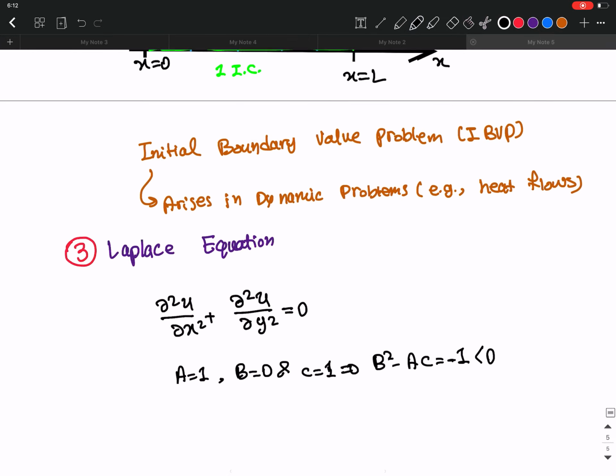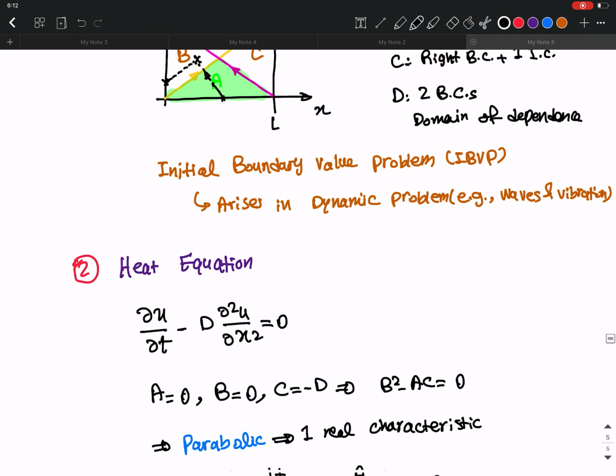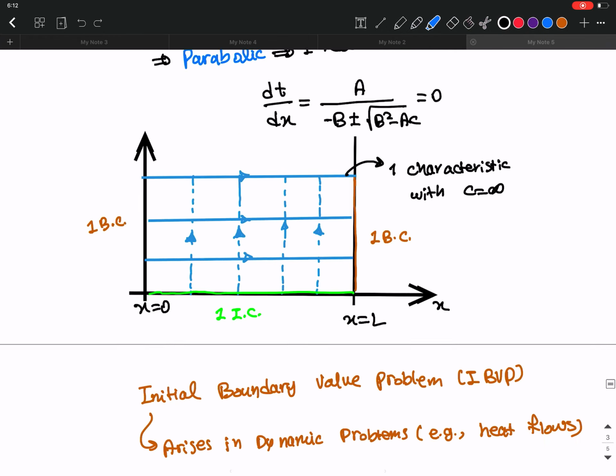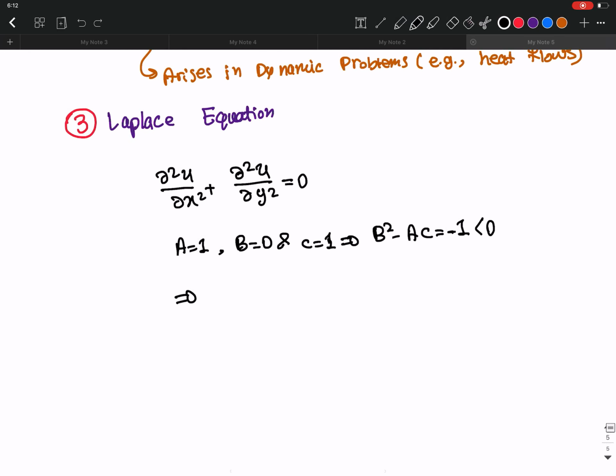And so this equation, based on this definition that we had here, is going to be elliptic, and we don't have any real characteristic for this equation. So this is elliptic, with no real characteristic.